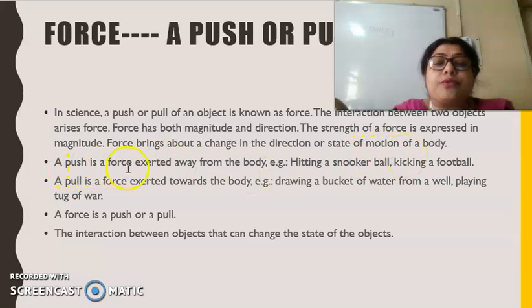Next, a push is a force exerted away from the body. So push is something which you are moving away from your body.